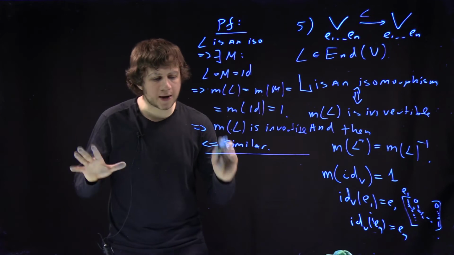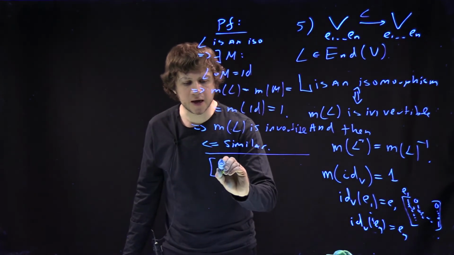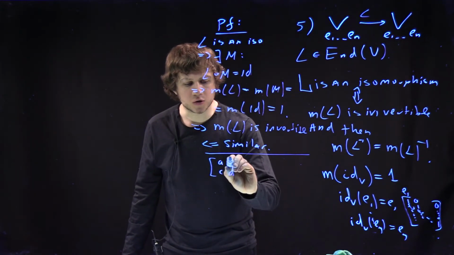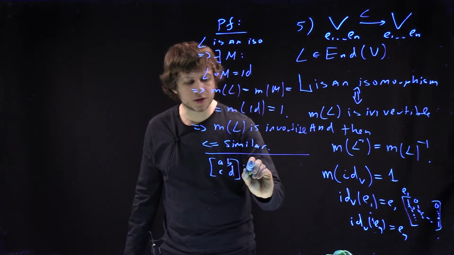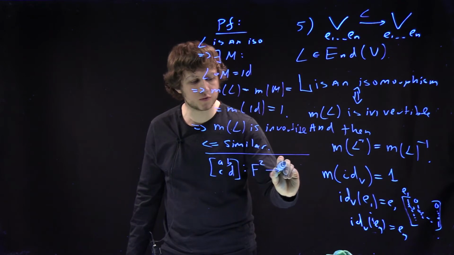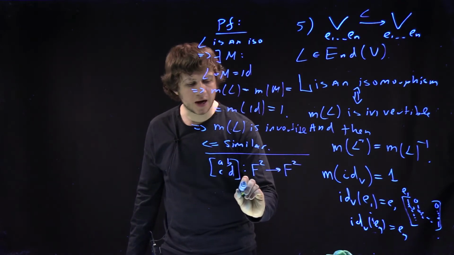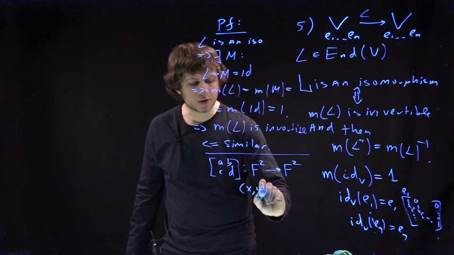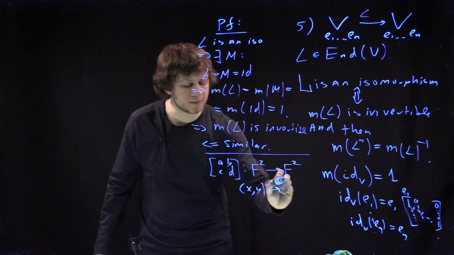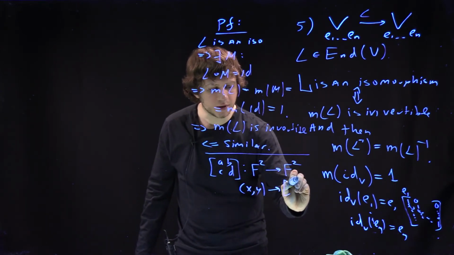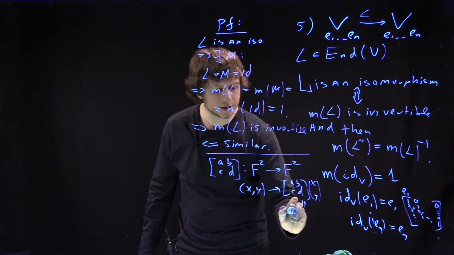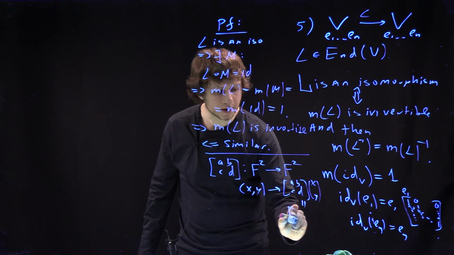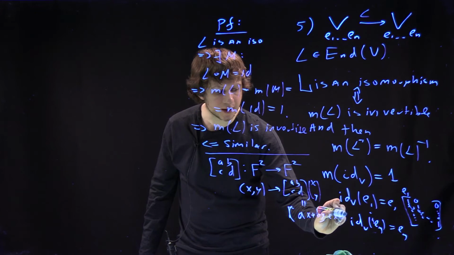Now when you think about a matrix, say A, B, C, D, you can think of it as a map from F2 to F2, which sends a vector (x, y) to the matrix A, B, C, D times (x, y), and this equals the vector (ax plus by, cx plus dy).